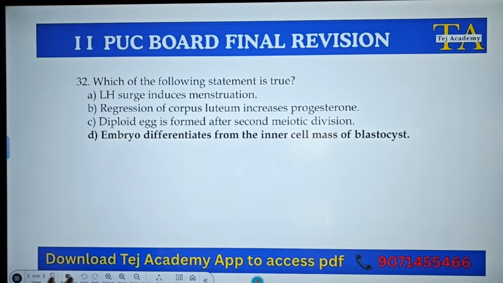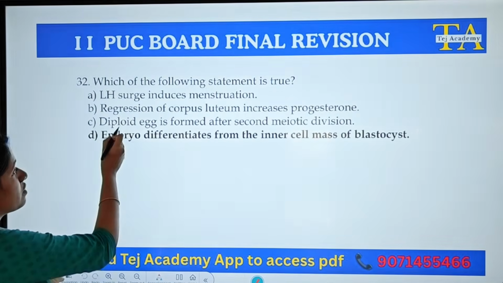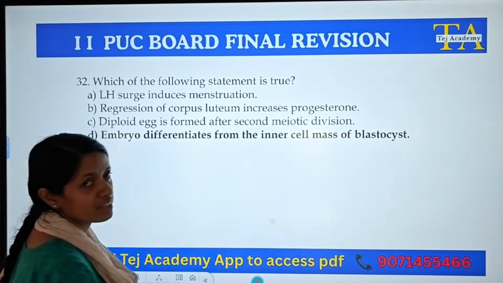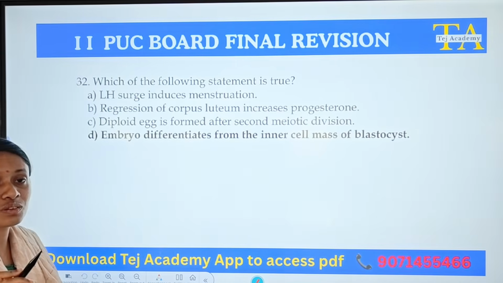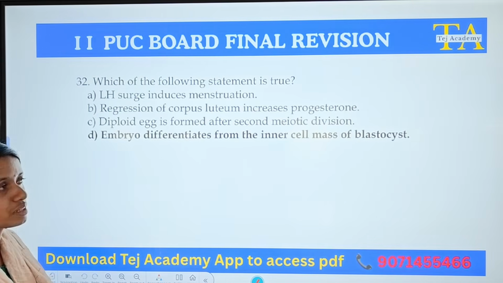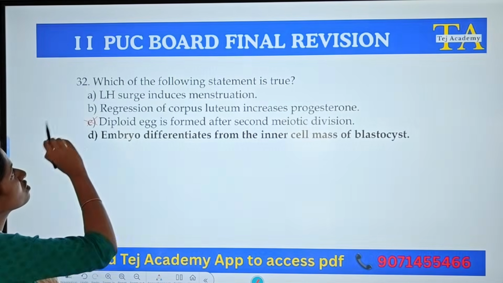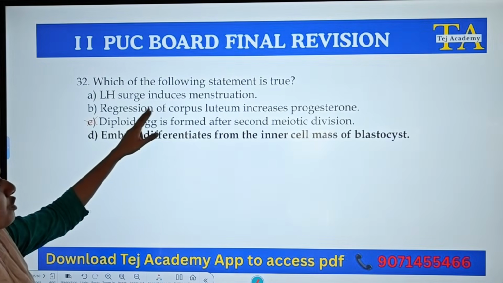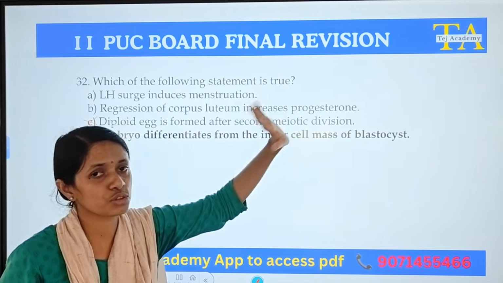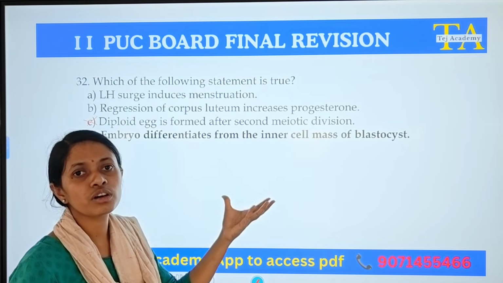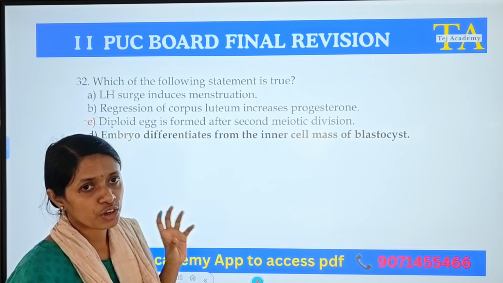And you have to know, here also we can use elimination method if you find it easy. See, diploid egg is formed after second meiotic division, and we have to know meiotic division occurs to reduce the chromosome number. So you cannot get a diploid egg. Okay, so this statement is wrong. And regression of corpus luteum increases progesterone. We know that corpus luteum is needed for progesterone production.